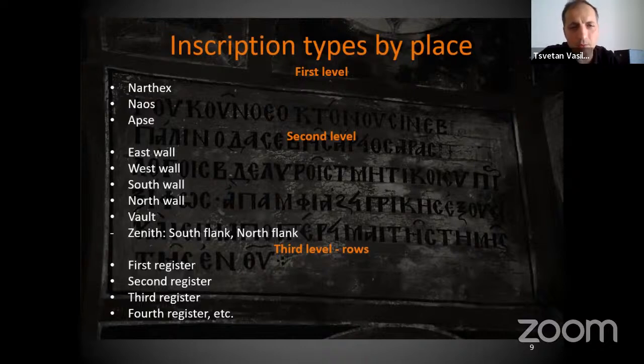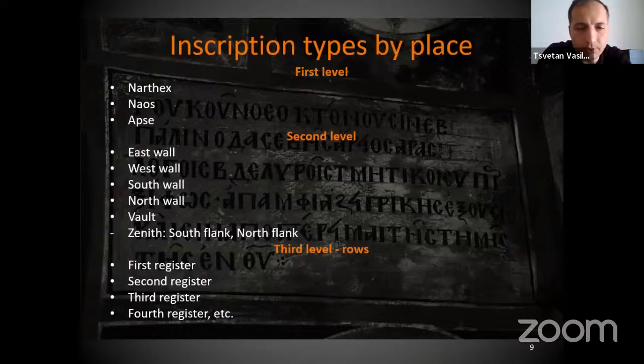And the second level is east wall, west wall, south wall, north wall, or the vault, or the zenith of the church, south flank, north flank. And also the third level, maybe you're not familiar with this. The first level and the second level are easy to get acquainted with, with no experience beforehand.